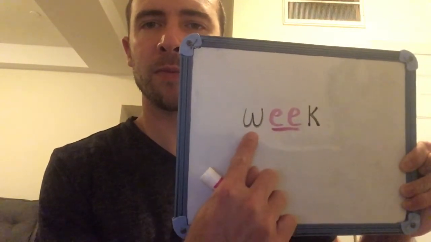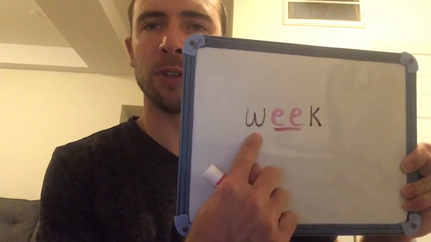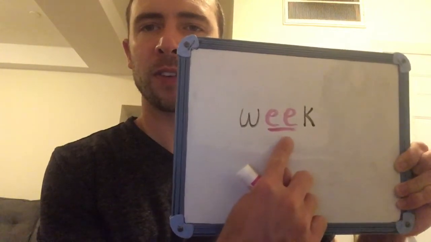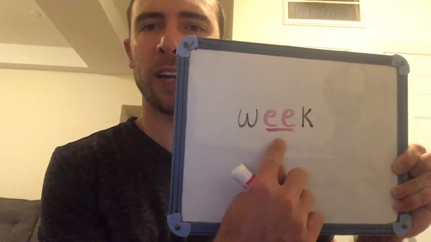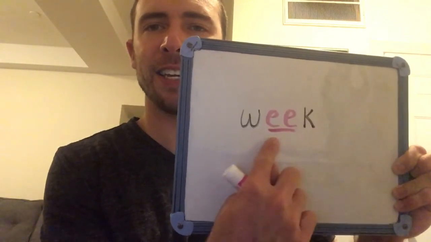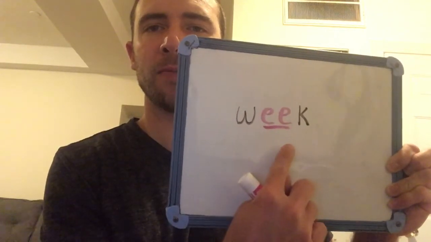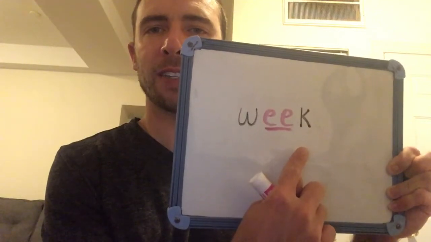Okay. What's this first sound? It's the letter W, and it sounds like W. Our second sound here is what we're focusing on, our new digraph which sounds like E. W, E. And we finish off with K, that K sound.